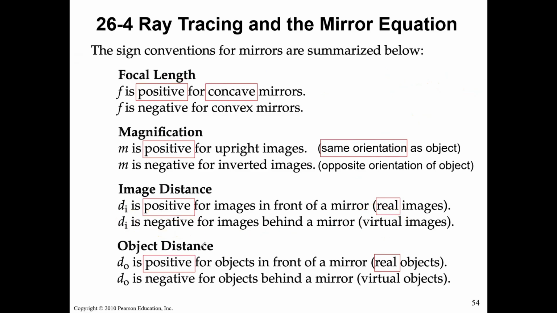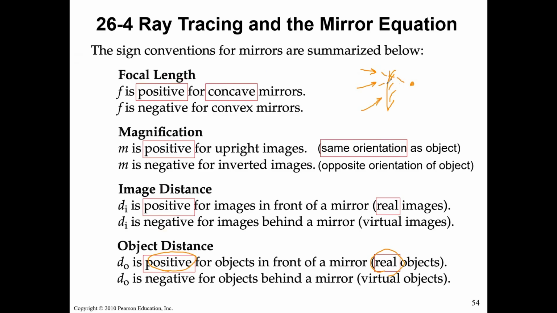And furthermore, we can talk about object distance. For now, we have only talked about objects in front of the mirror, in other words, a real object, and in that case D_O is positive. But we can also imagine, for example for a plane mirror, light rays converging on the other side of the mirror.